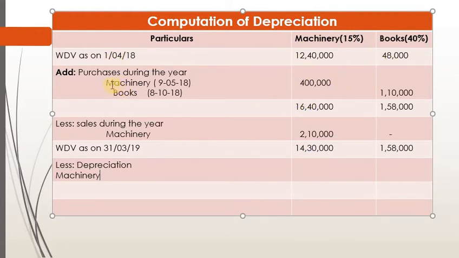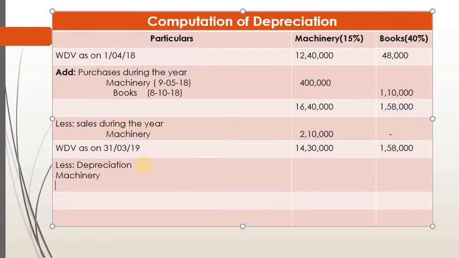During this year we have purchased one machinery, that is 4 lakh. Remember, if any asset is purchased after 1st April 2005, then there is an additional depreciation of 20%. So this machinery which is purchased during this year also qualifies for additional depreciation.